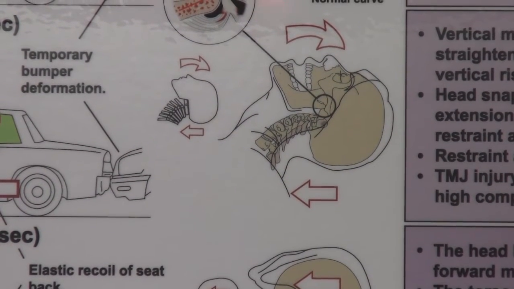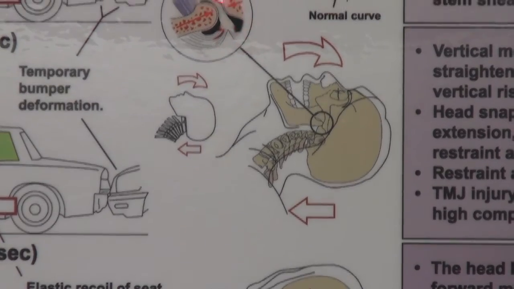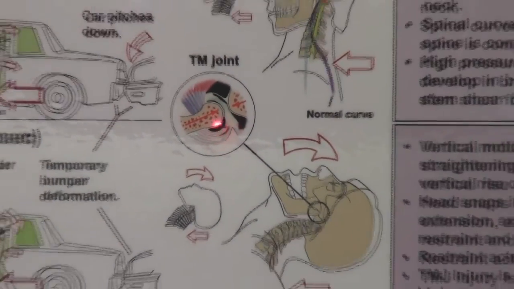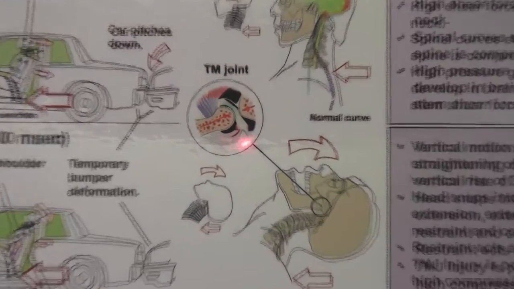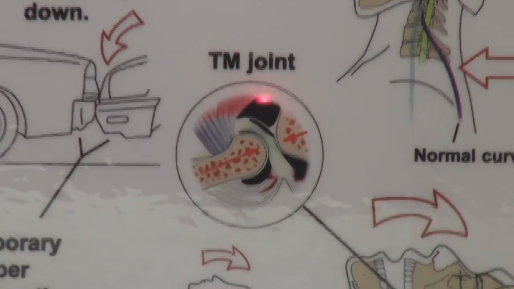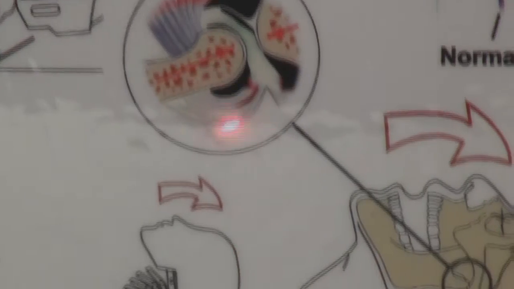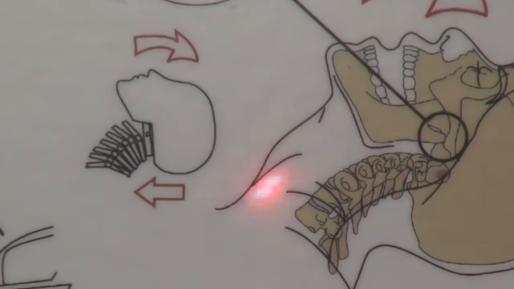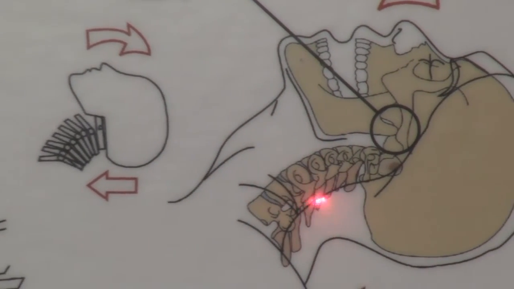And sometimes, as you can see here, they can actually have a separation of the jaw joint itself. That's why I believe about 10% of whiplash injuries will actually have a jaw joint injury. And many times those get undiagnosed because everybody focuses on the neck damage and the whiplash.